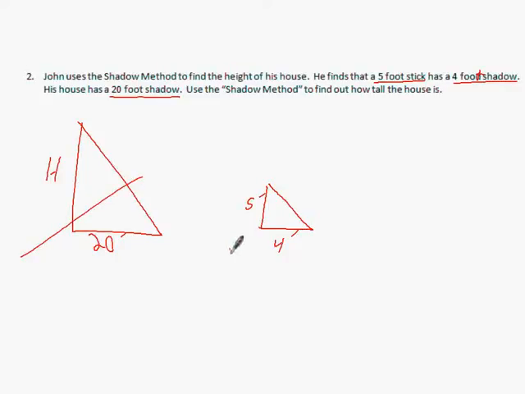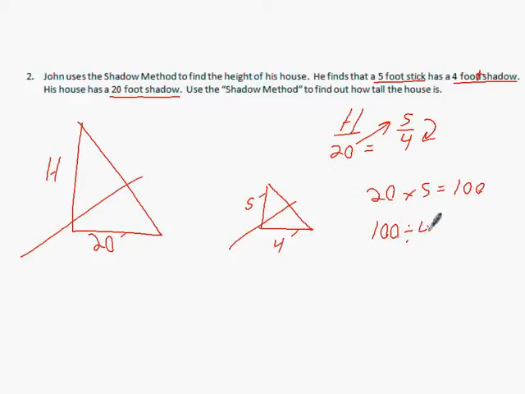Height over ground, h over 20 equals 5 over 4. Cross multiply, 20 times 5 is 100, divide by 4, 100 divided by 4 equals 25. John's house is 25 feet tall.